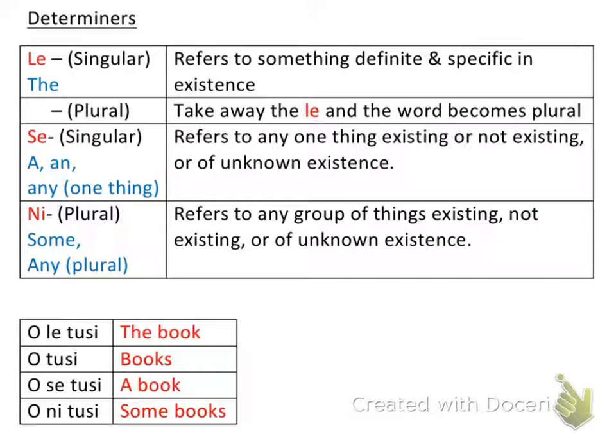Okay? So if I have a le right here, that means that my noun or noun phrase is singular, and the closest thing to le in English is the. It's not exactly equal to the. You'll see le in places where you wouldn't put the in English, but it's the closest thing to it in English. Okay? So the refers to something definite and specific in existence. So le right here is for specific things, okay?